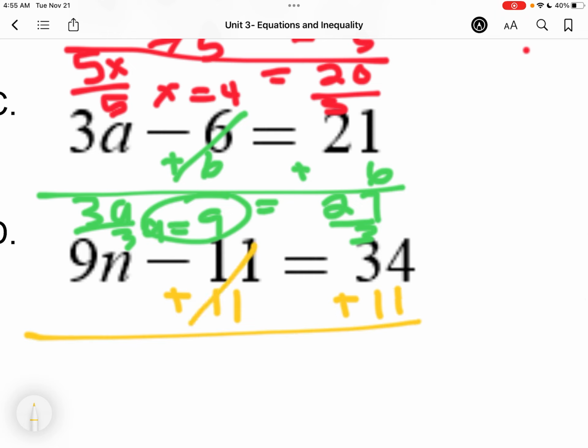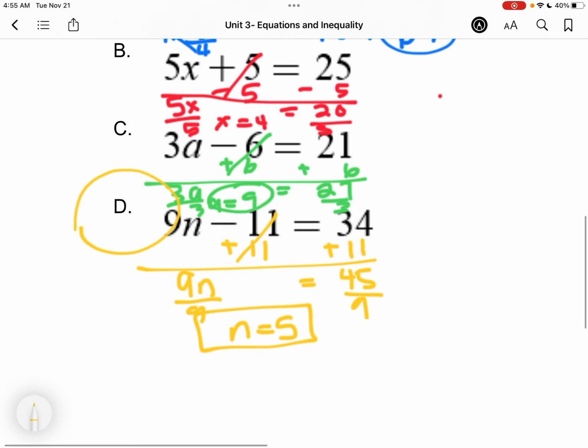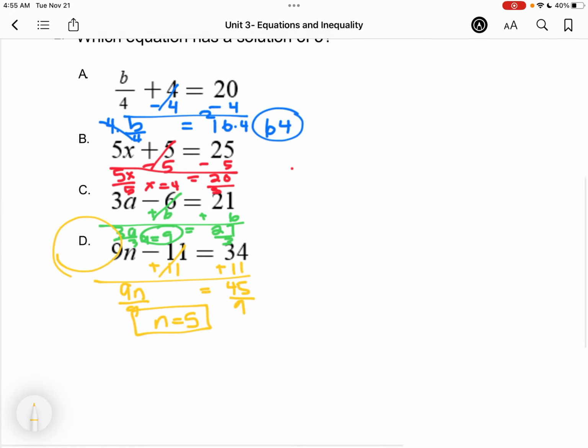Because the whole goal is to create that zero pair. All right, so D should have been your answer for that one.